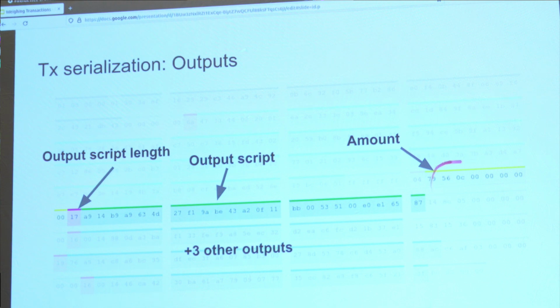Some people might know already, but we never use floats or doubles or any sort of comma numbers in all of protocol development. The native unit in all of the protocol is satoshis. So we have here an integer amount of satoshis that we're assigning to an output.